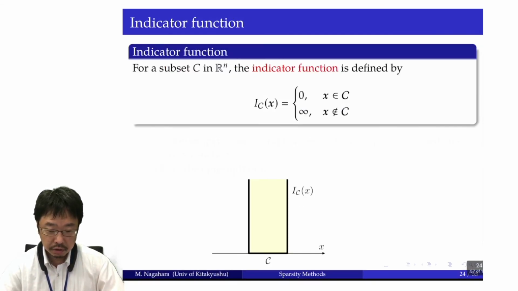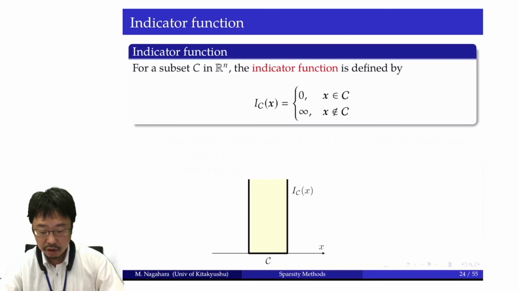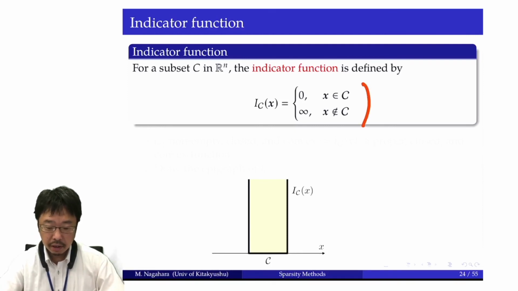Next, let's consider indicator function. An indicator function is defined as this. For a subset C in Rn, the indicator function is defined by this. Namely, if x is in C, then the indicator function is 0.